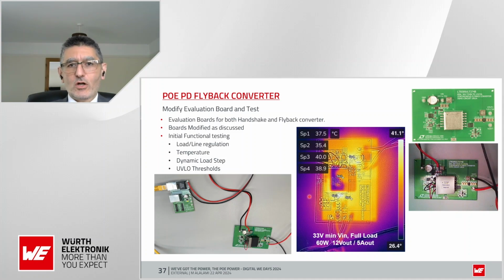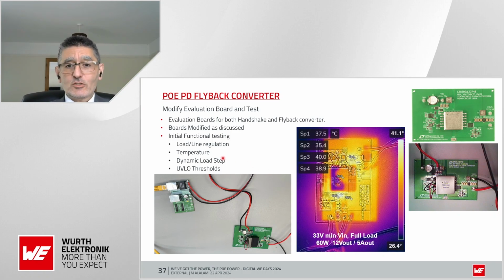Next, we went on to implement all of these modifications that we have put together on the flyback board onto the evaluation board, because we've already got a starting point. So this is the original evaluation board. This is the modified one with the transformer, the undervoltage lockout, and the dynamic compensation loop. The only thing that this board didn't have on it was the EMI filtering.